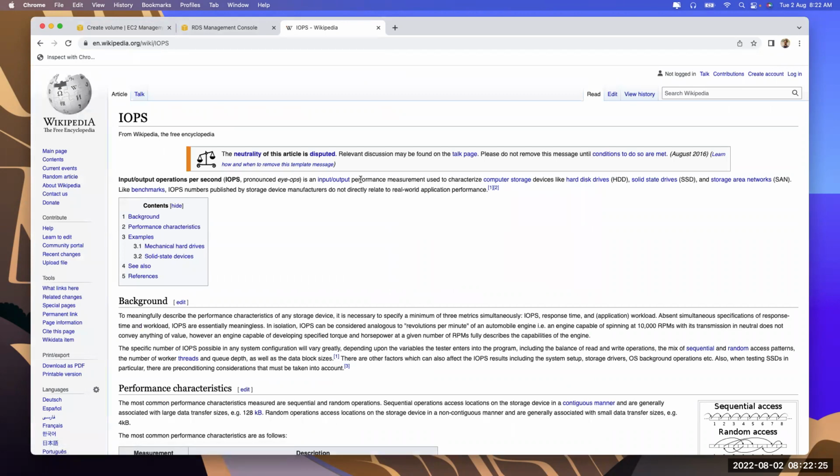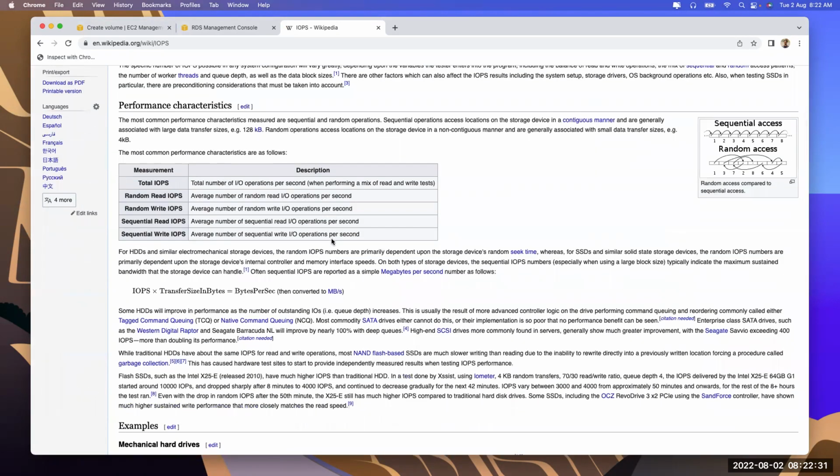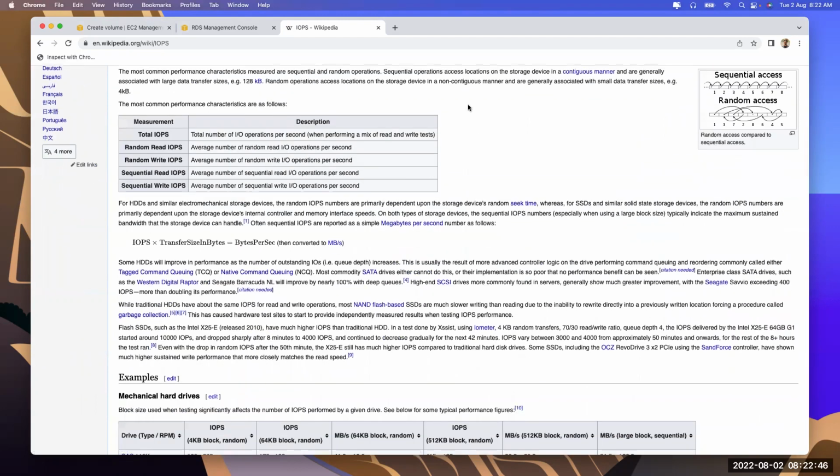This is basically a way to understand how your storage actually works. More IOPS means you are able to do more input output per second, or more transactions per second. So more IOPS is always better for me.